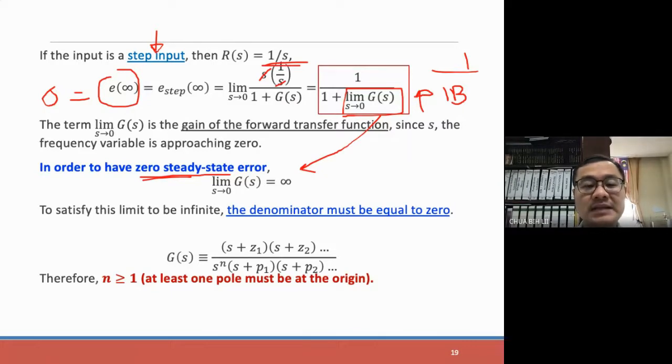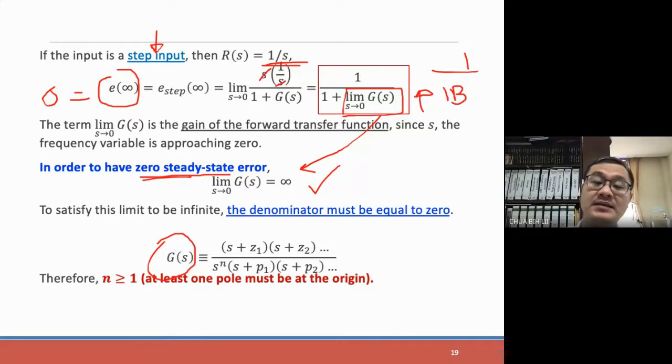To satisfy these conditions and achieve our desirable steady state error, the denominator must be equal to 0, and therefore we would take partial fractions, or we break them, because we know that the transfer function can be in this form: s plus 0, first 0, second 0, and so on, divided by s to the n.